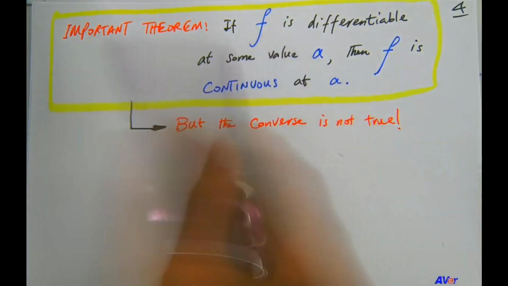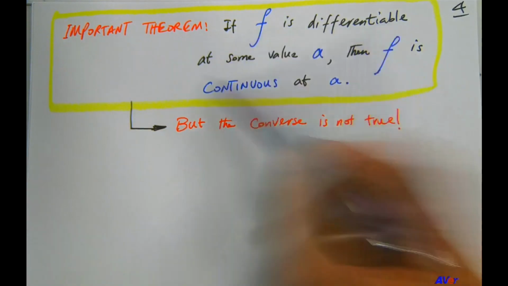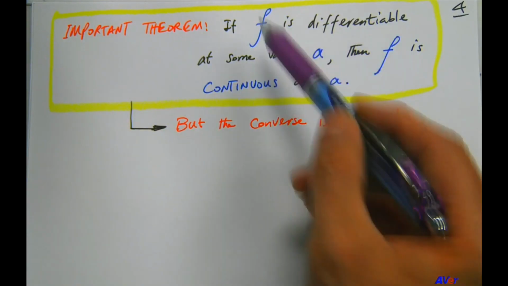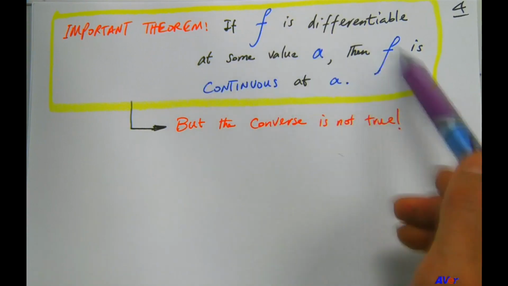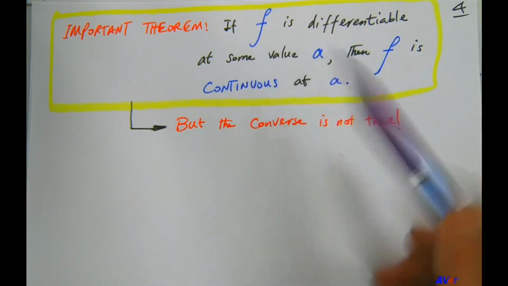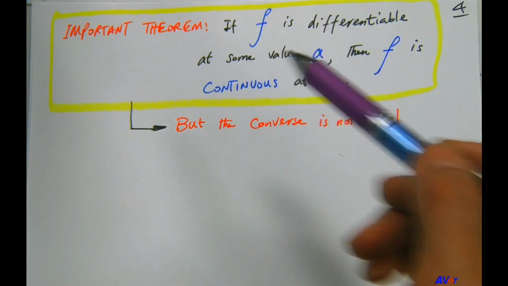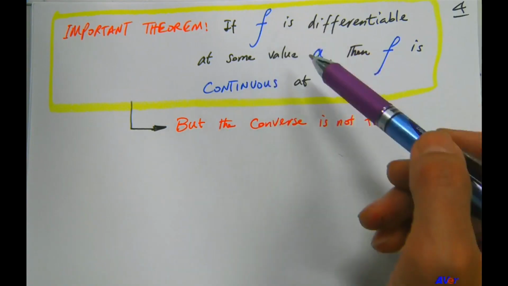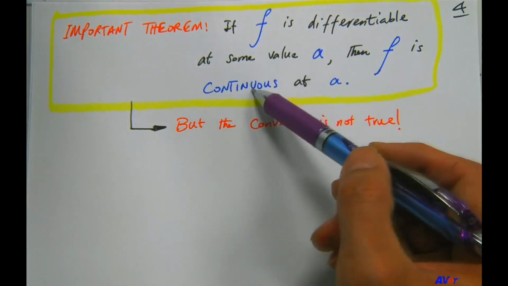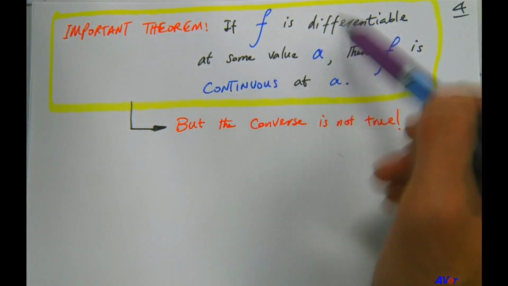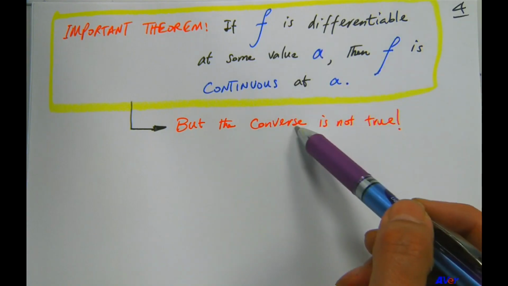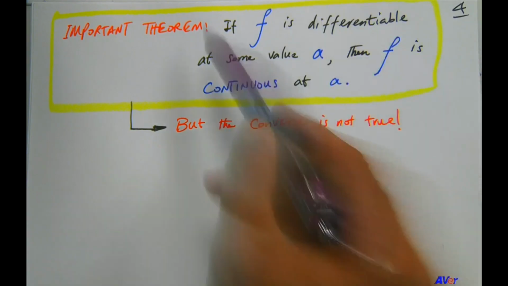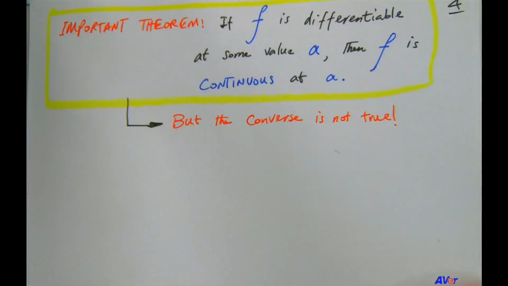This only works in one direction. If the function is differentiable at some value a, then f is continuous at a. But does this imply that if a function is continuous at a, then it must be differentiable at a? No, the converse is not true. We can only say this in this direction, not vice versa.